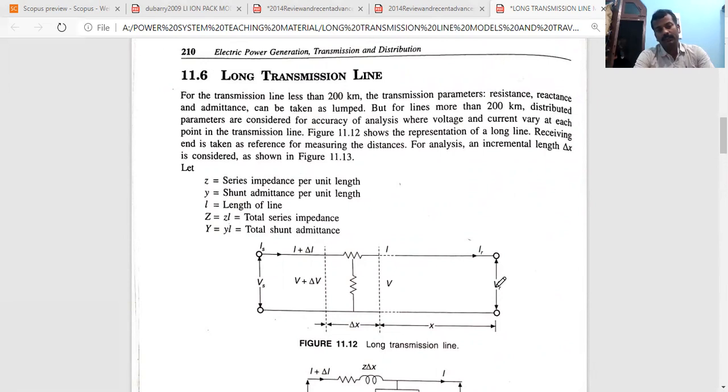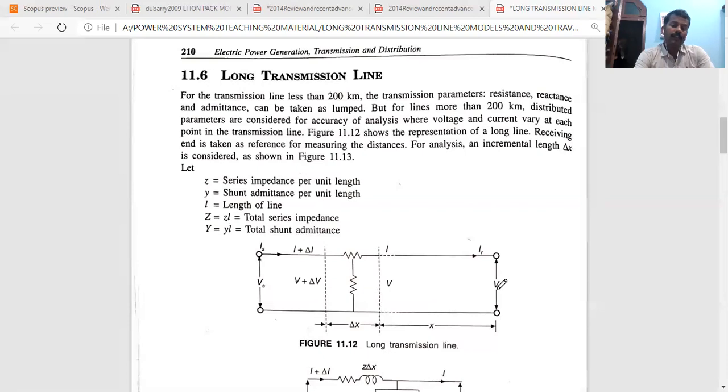Reference voltage. When you move from the receiving end to the sending end, the voltage will increase, because this is the sending or generating end. When the voltage is transmitted to the load, there is a voltage drop due to the resistance or inductance of the transmission line.